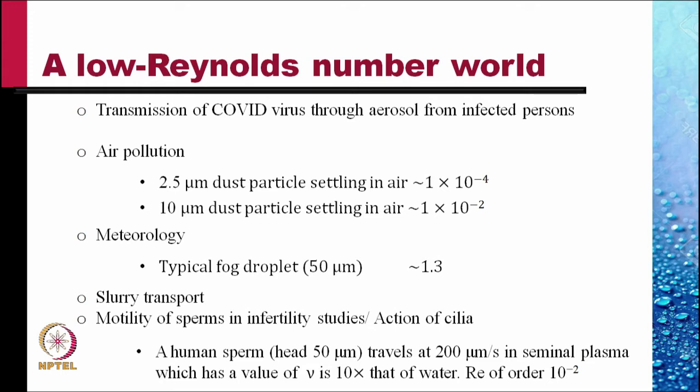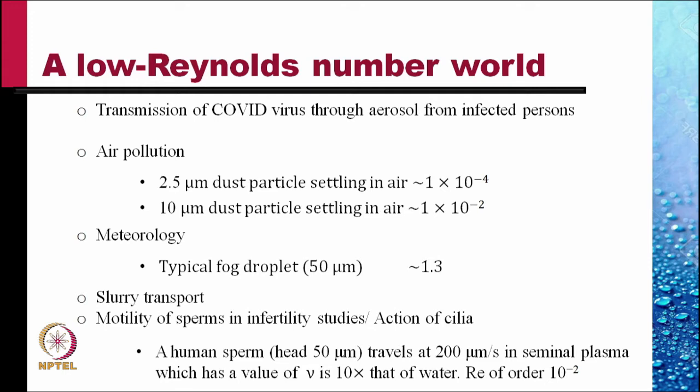In meteorology, typical fog droplets of size 50 micrometers settle at a Reynolds number of 1.3. Slurry transport in chemical engineering is one phenomenon where low Reynolds number prevails.